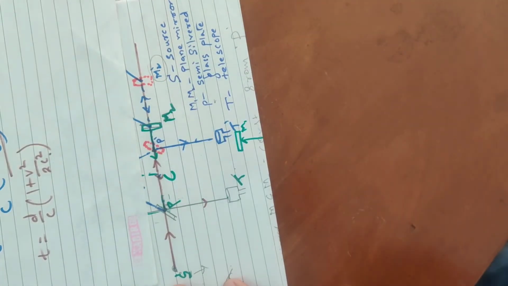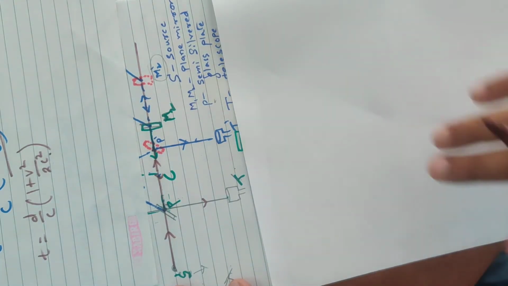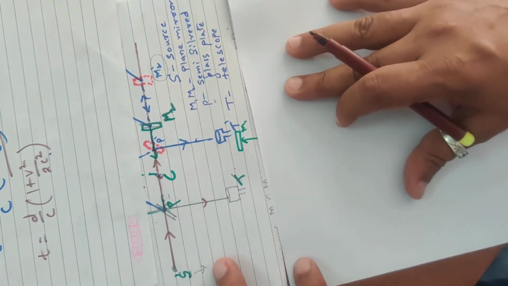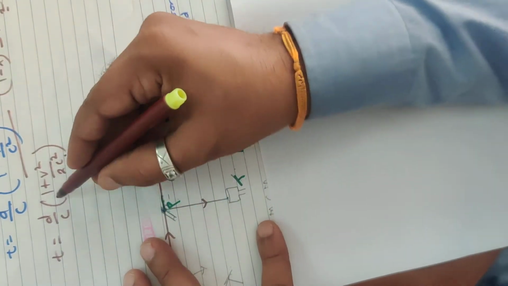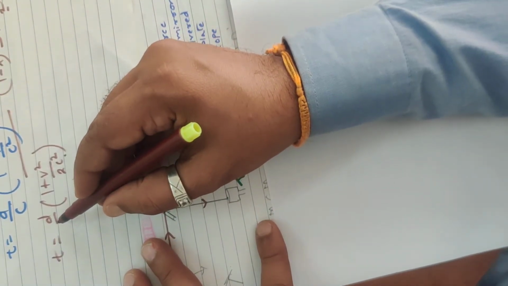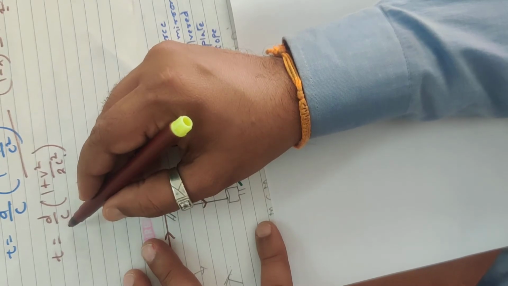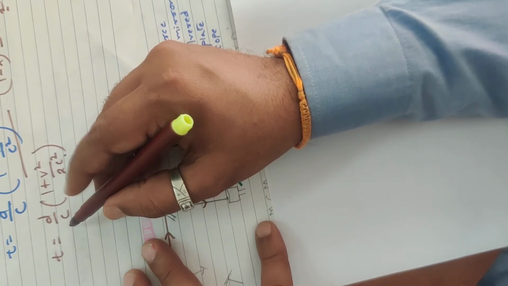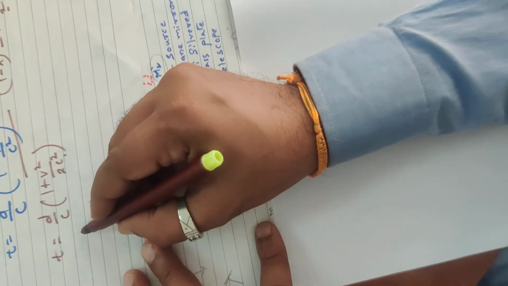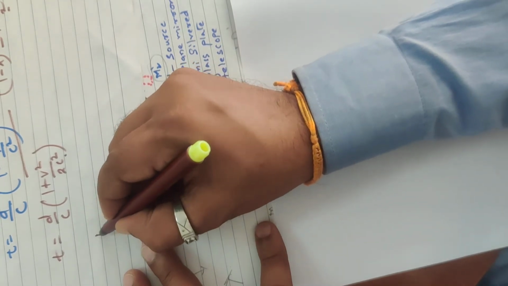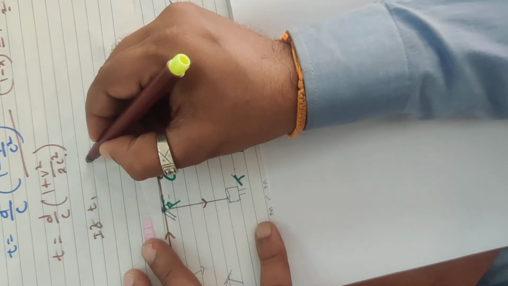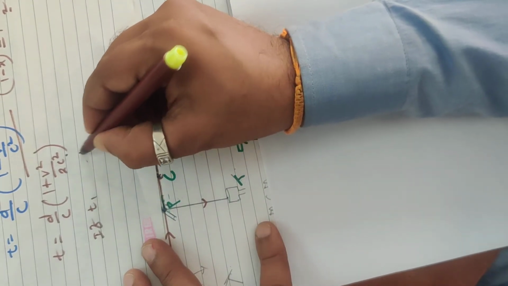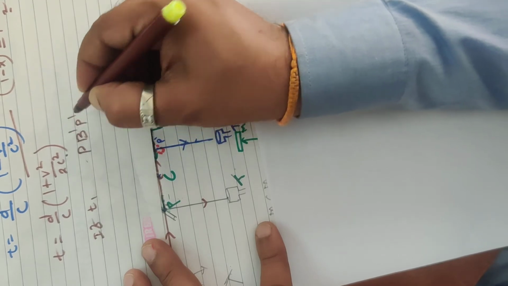Now we try another factor here. We have to focus on another factor. This is the travel of light, but the total time taken by the light, if I treat it as t1, is the total time taken by the light to travel P B dash P dash.